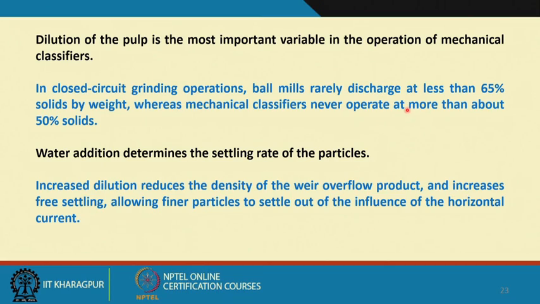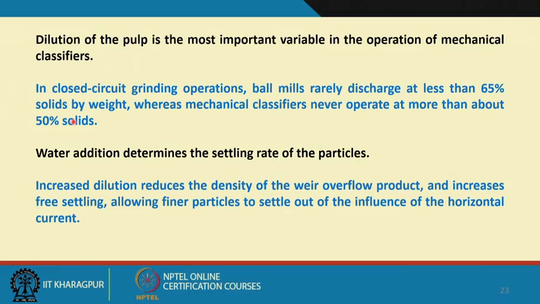That means we have a minimum of 65% solids in the discharge, whereas mechanical classifiers never operate at more than about 50% solids by weight. So, you have to dilute it. You have to add some water. So, the ball mill discharge you cannot directly feed to your mechanical classifier; you have to add some water.